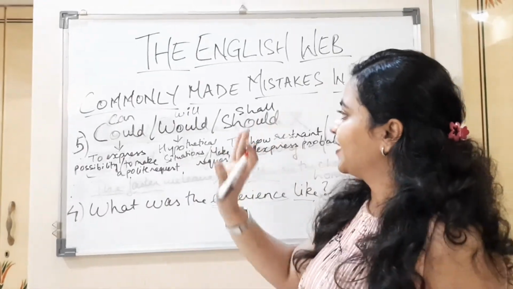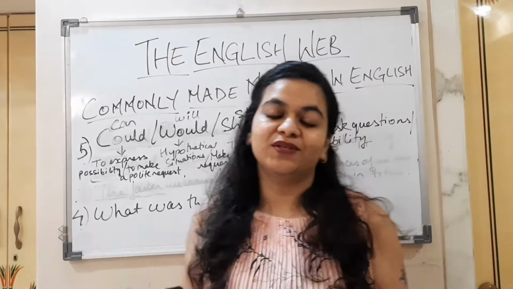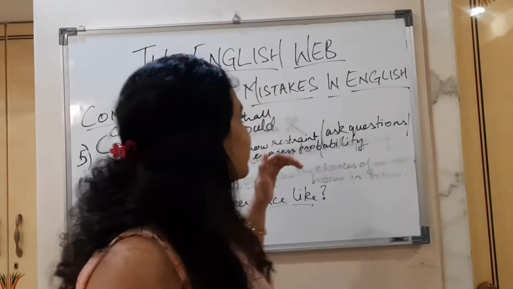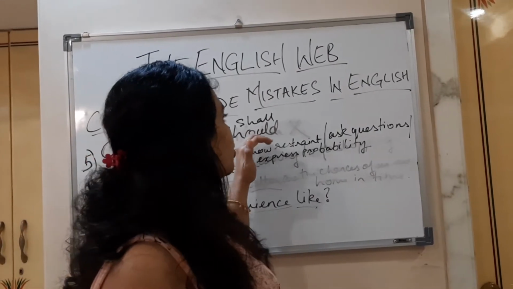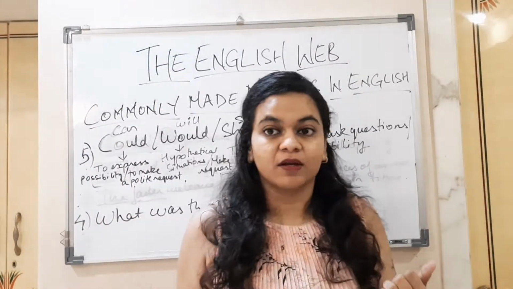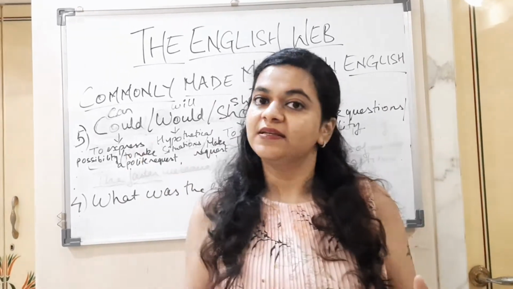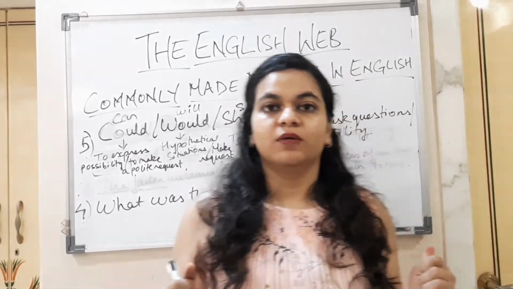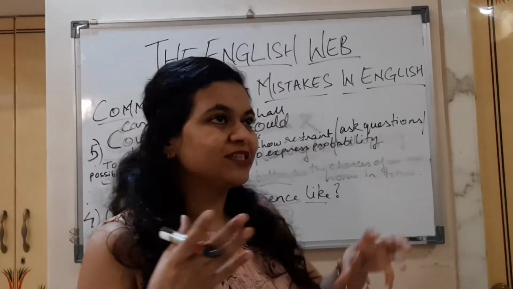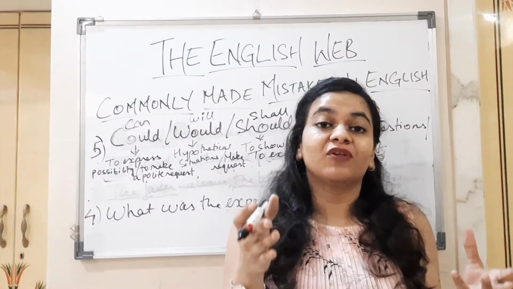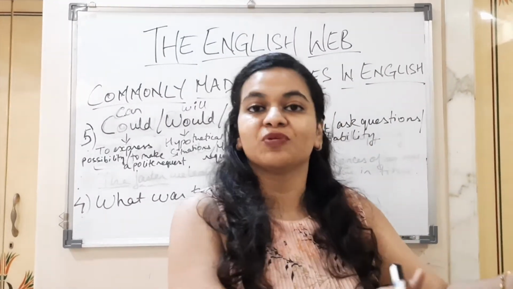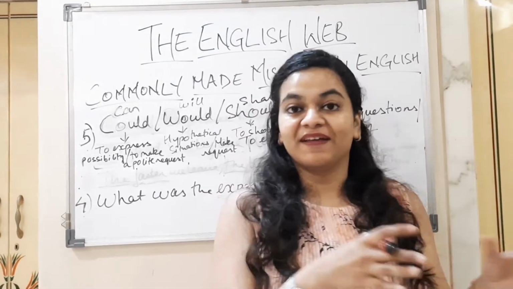The last word is should. How does should stand out? Should stands out when you try to show some restraint. Shouldn't the table be in the corner rather than in the center? So, this is when you try and show some restraint, in the sense that you're trying to suggest that the table should be in the corner and not in the center.